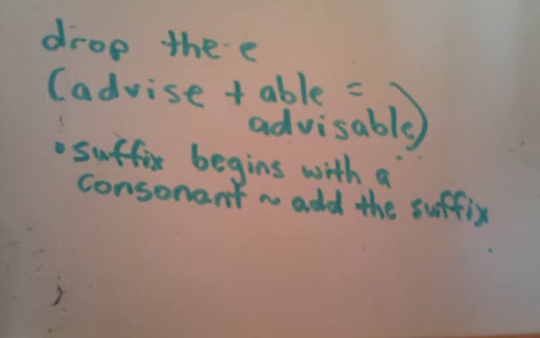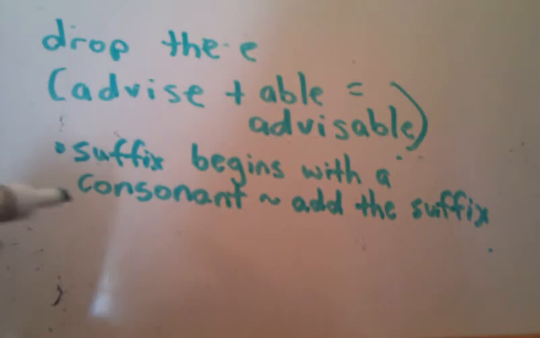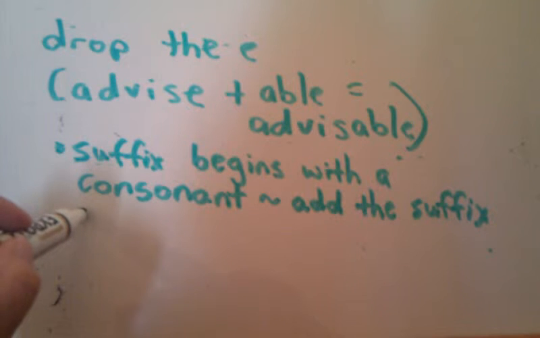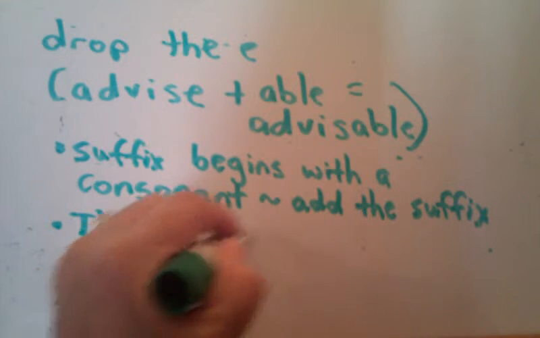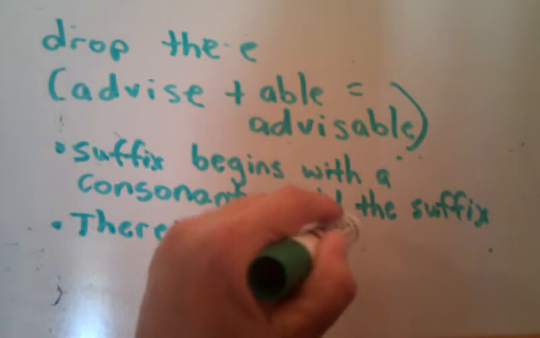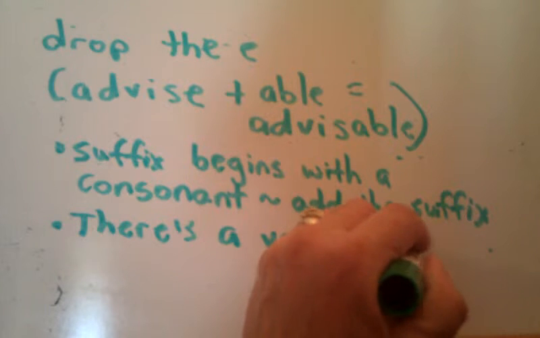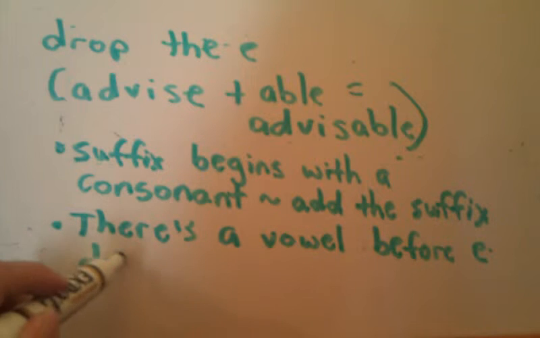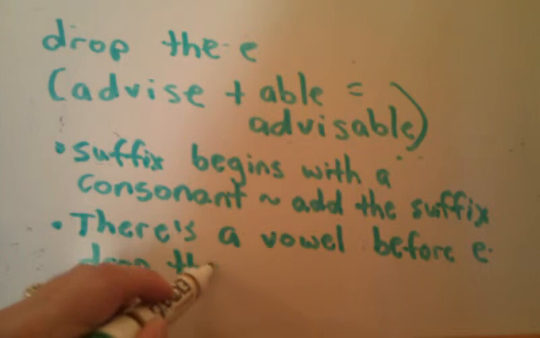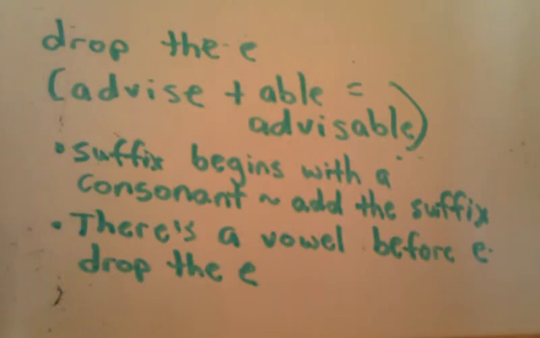If the silent E is preceded by a vowel, the final E is usually dropped. If there's a vowel before the E, then drop the E. And we know this rule has several exceptions.